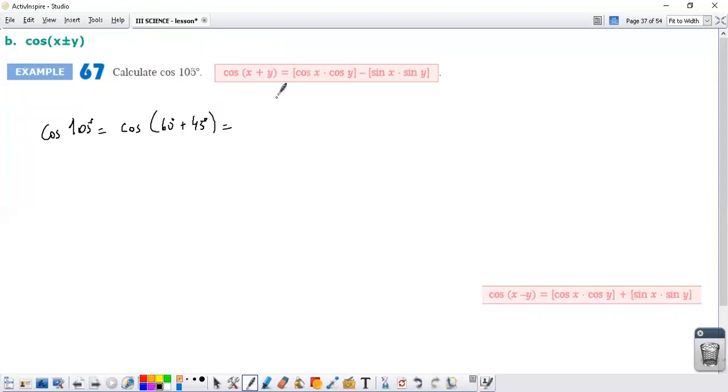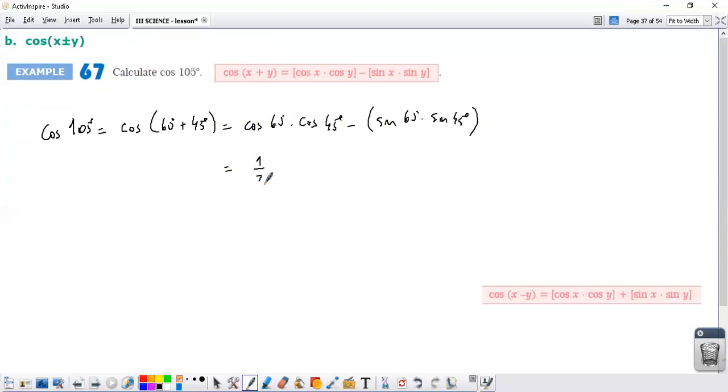According to the formula for cosine, we write cosine 60 degrees times cosine 45 minus sine 60 times sine 45.